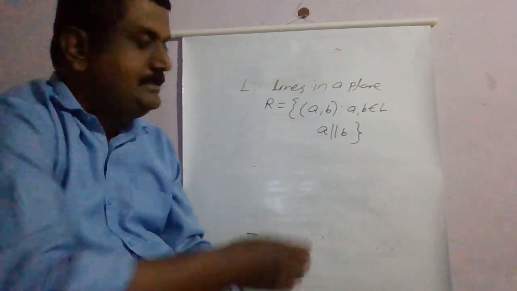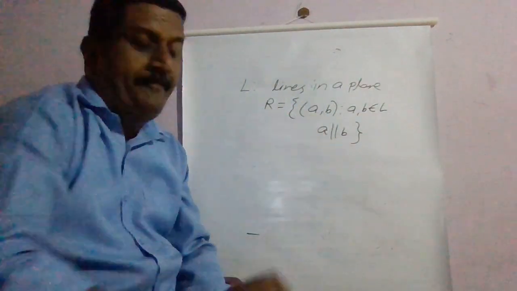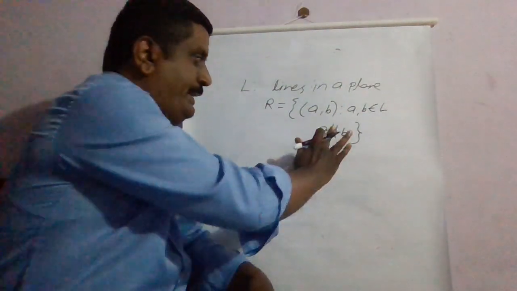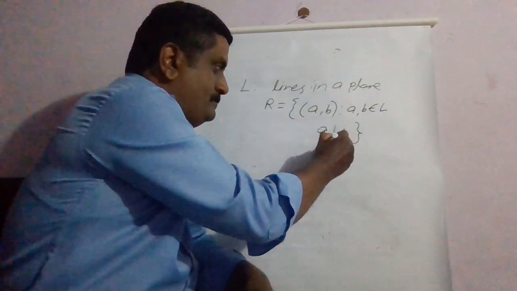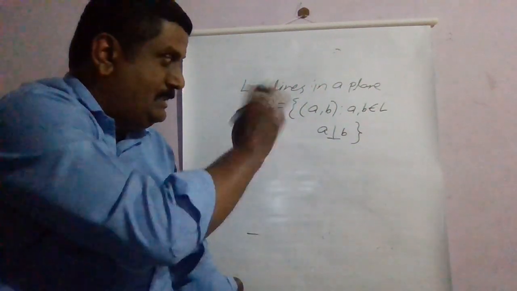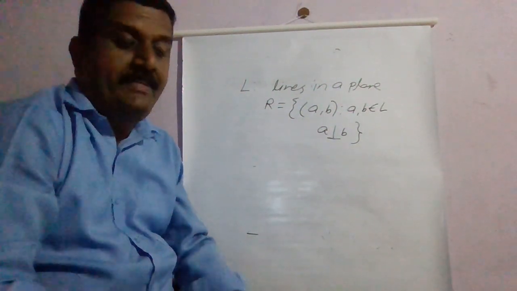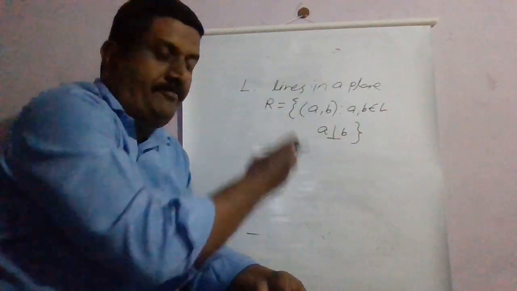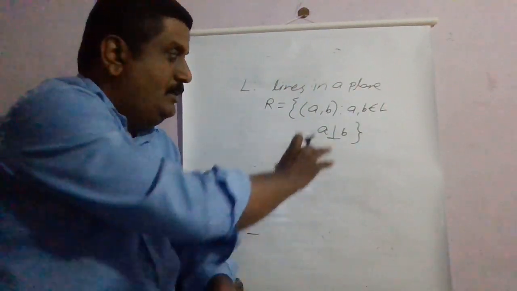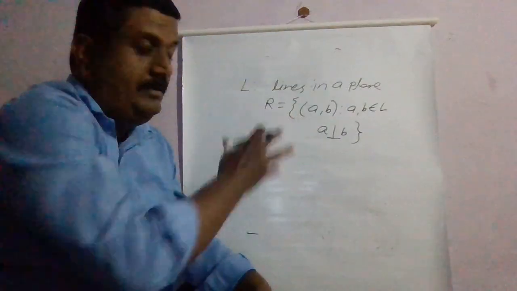It is defined as ordered pairs AB such that A, B belongs to L if A is perpendicular to B. We have to check whether it is an equivalence relation. If it is an equivalence relation, it is reflexive, symmetric and transitive. So these three properties we have to check for this particular relation.